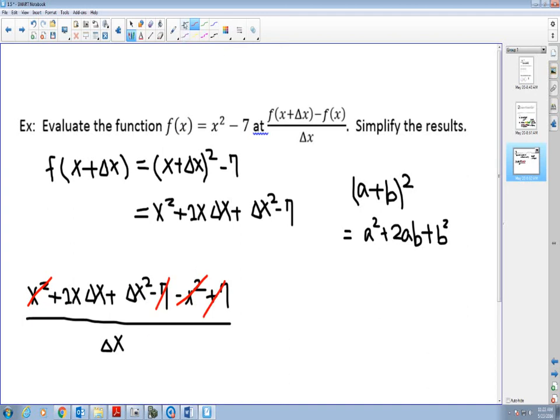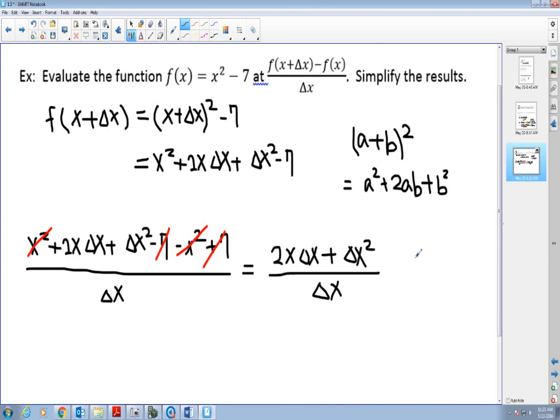So the only thing left on top will be 2x delta x plus delta x squared over denominator delta of x.